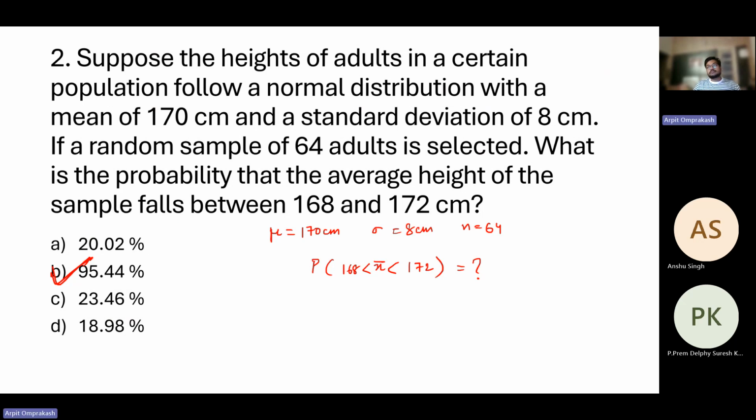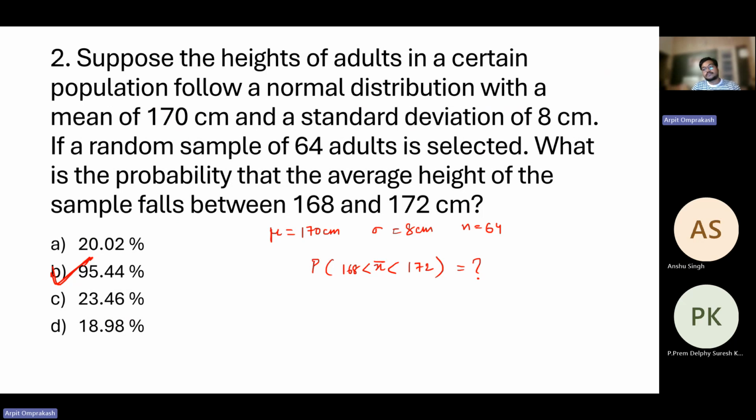So in many cases, there are these very standard z-score values that you will come across. For example, what is the z-score if the confidence interval is 95% or 99%.